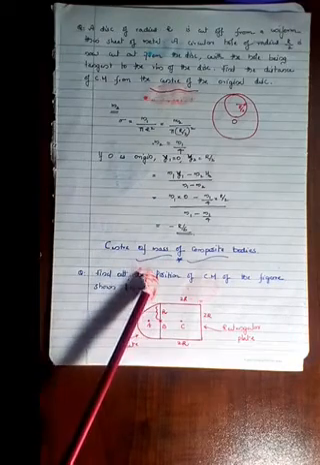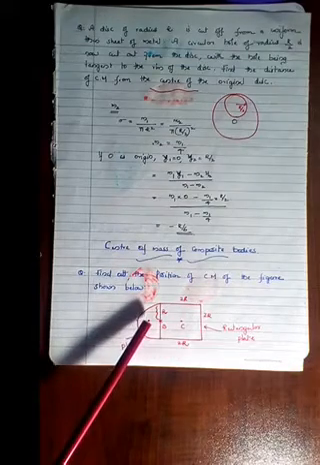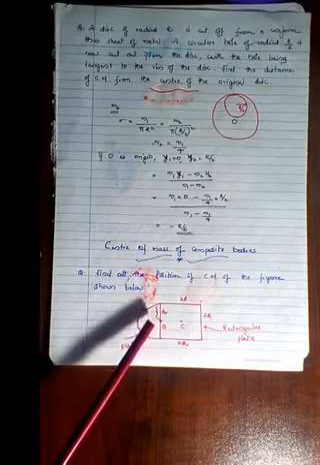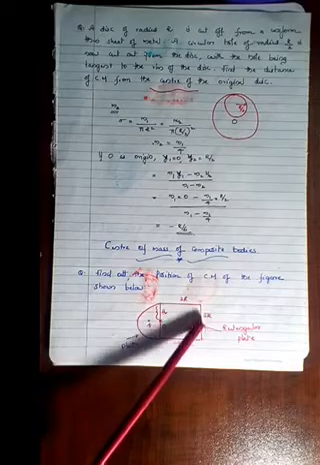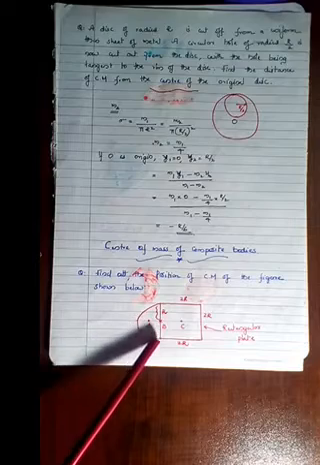The center of mass of a composite body is a very important concept. Find the position of the center of mass of the figure shown below. It's two objects, a rectangular plate and a half disc.